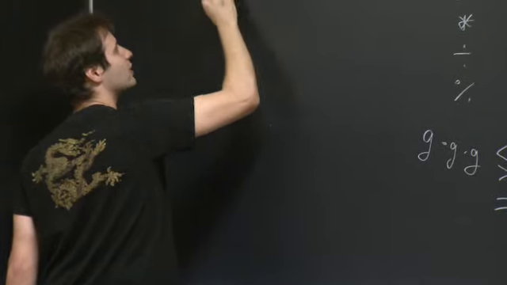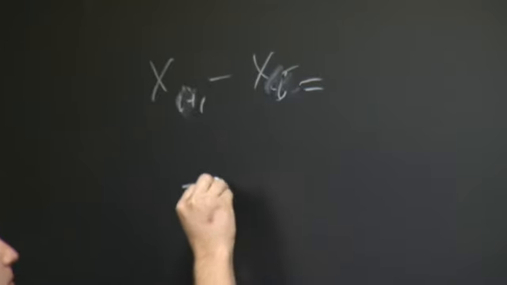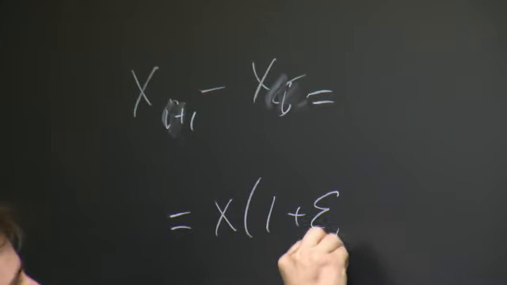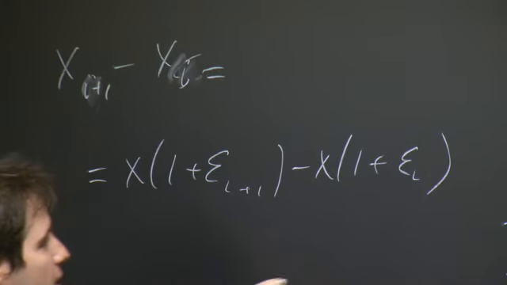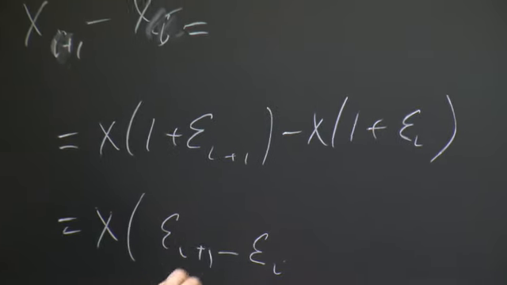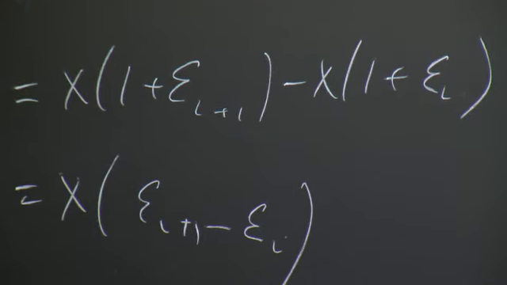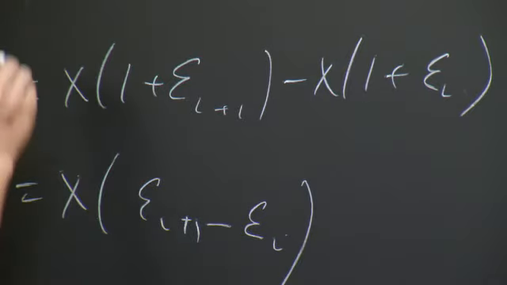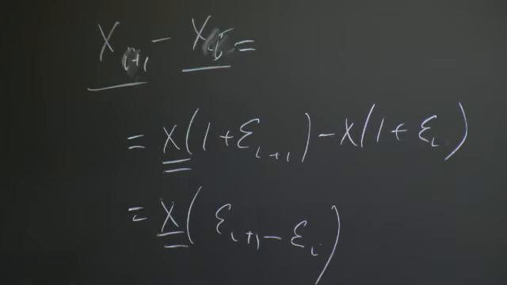So x_(i+1) minus x_i is equal to x times (1 plus epsilon_(i+1)) minus x times (1 plus epsilon_i), right? These are the approximations, but then this is the real x. Understood. Okay, so the difference between them is this guy here.